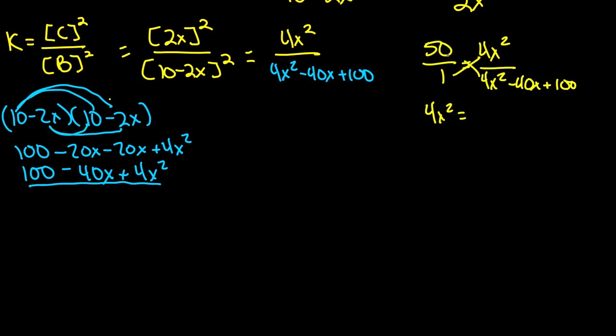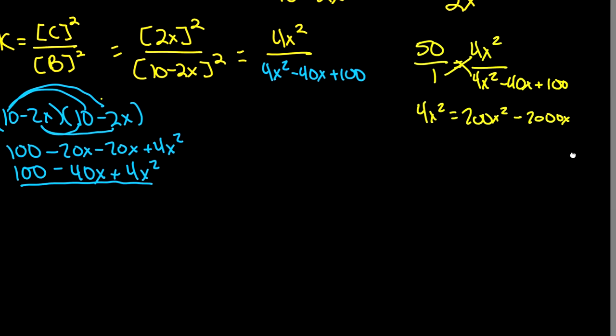Cross multiply again. 50 times 4, 200x squared, minus 50 times 40x, it's 2000x. And 50 times 100 is 5,000.